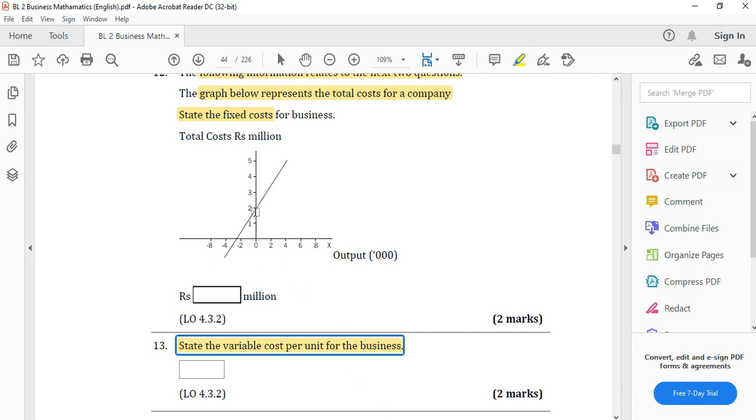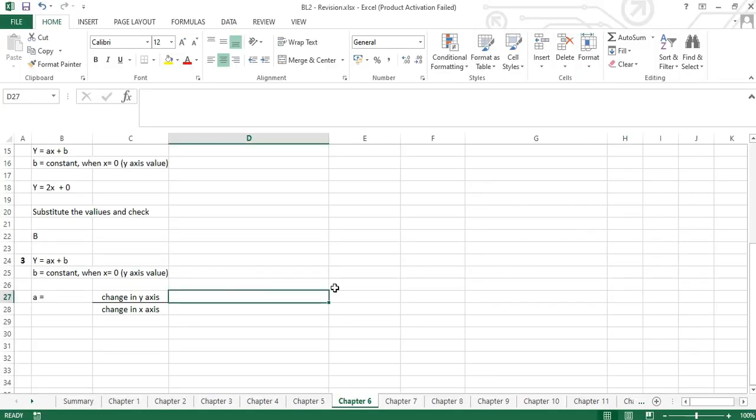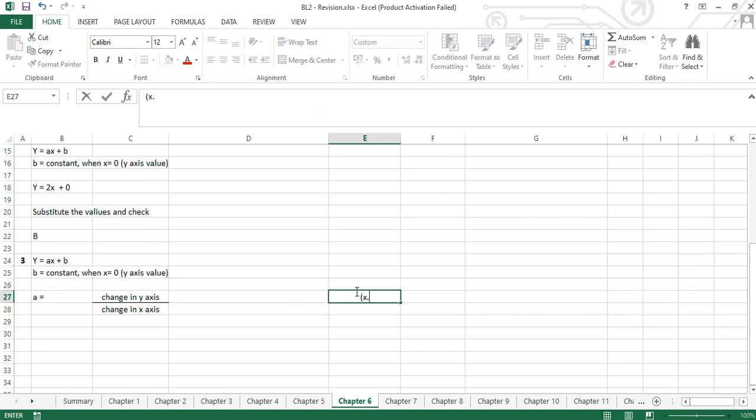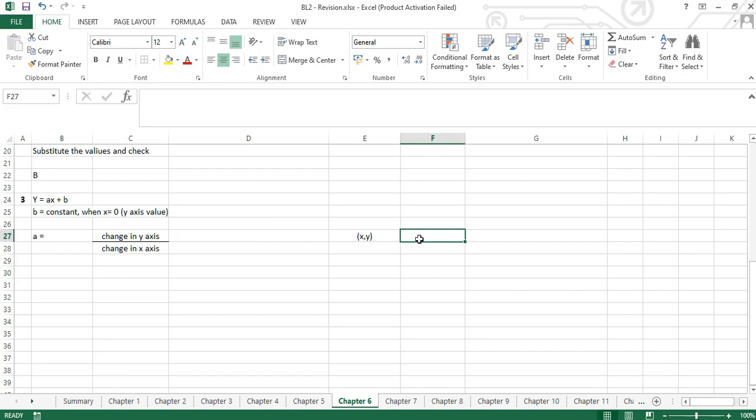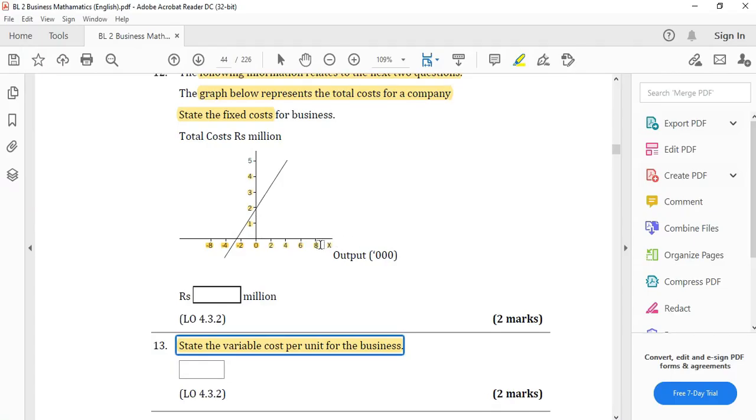I'm going to choose 0 and 2. So in coordinates, we always write the x coordinate first and the y coordinate next. Now the x-axis is in thousands and the y-axis is in millions.